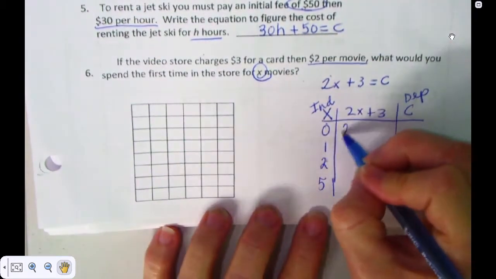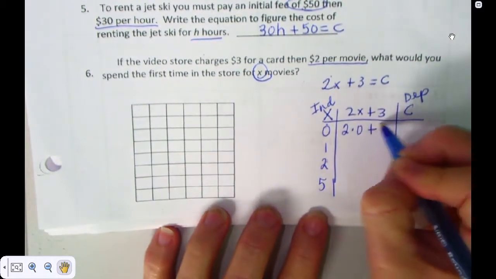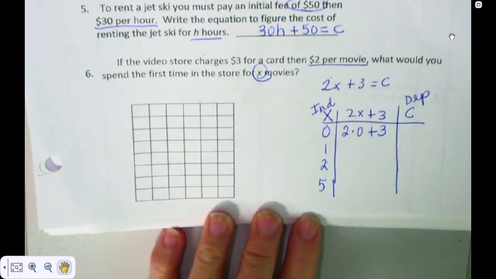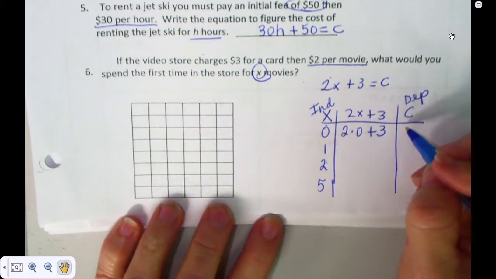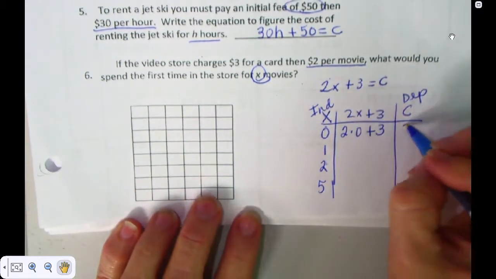So I'm going to go over here and 2 times 0 plus 3 is what? So 0 plus 3 is 3.